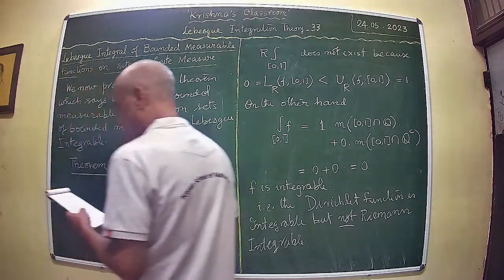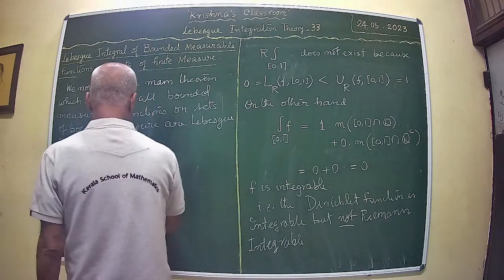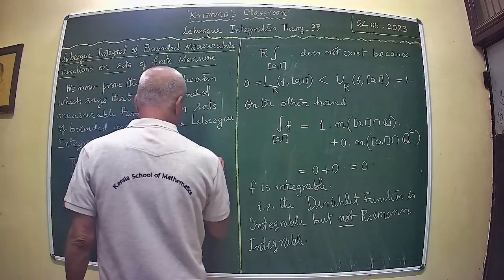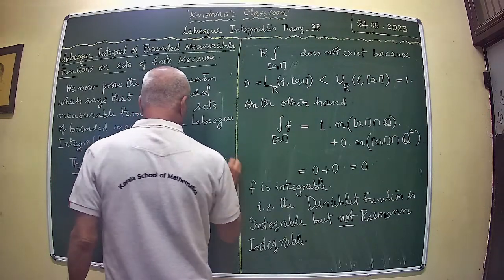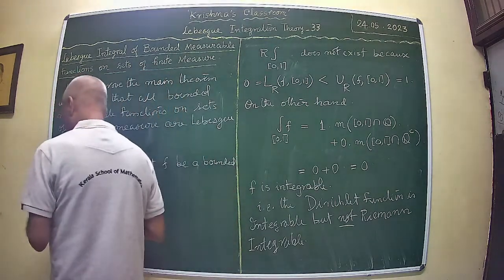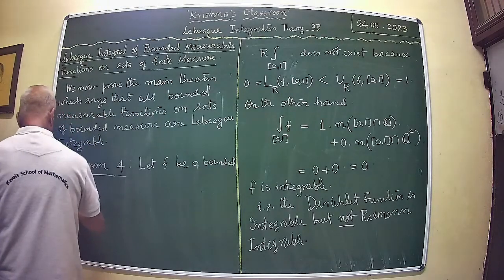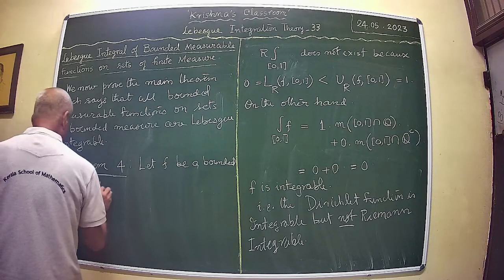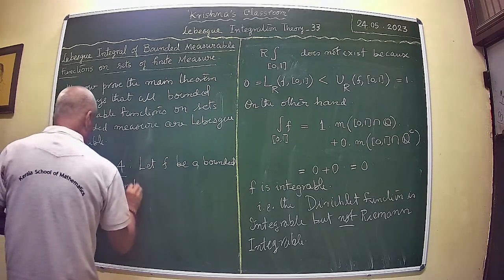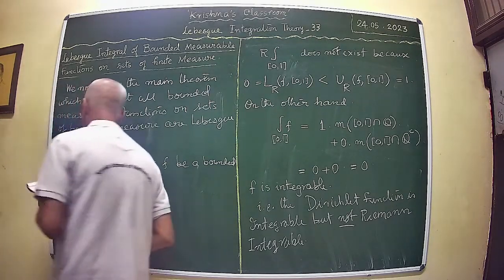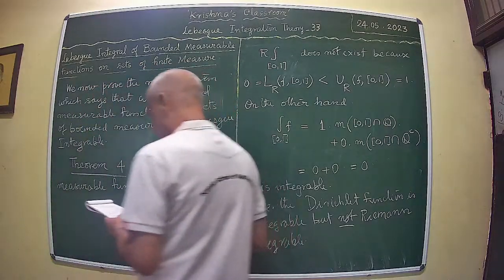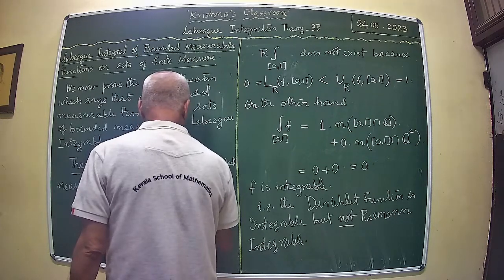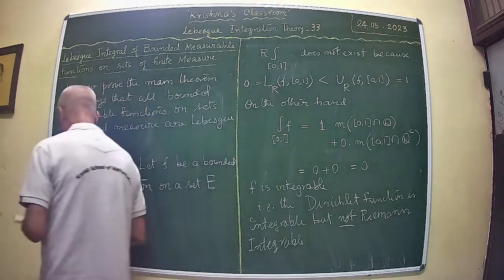Okay. Let f be a bounded measurable function, each one of these conditions is very important, on a set E of finite measure.